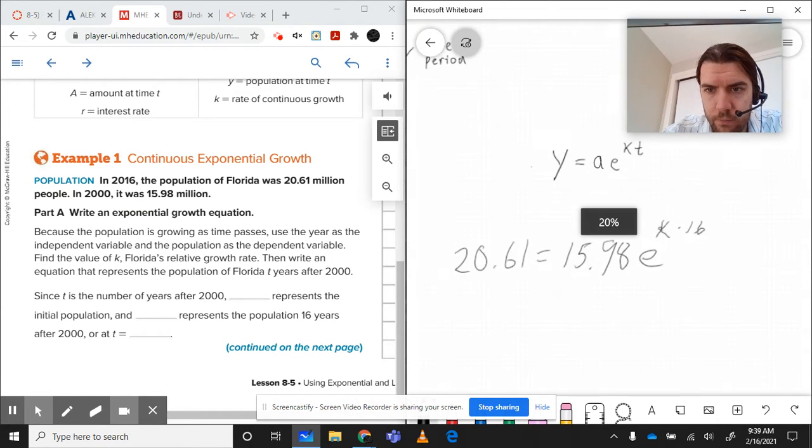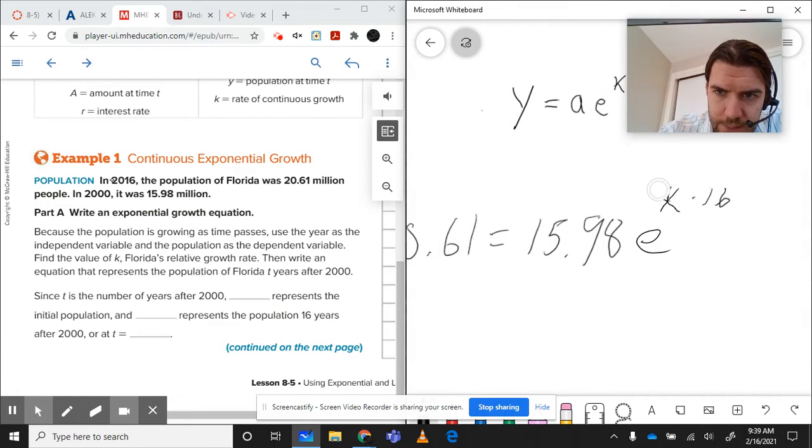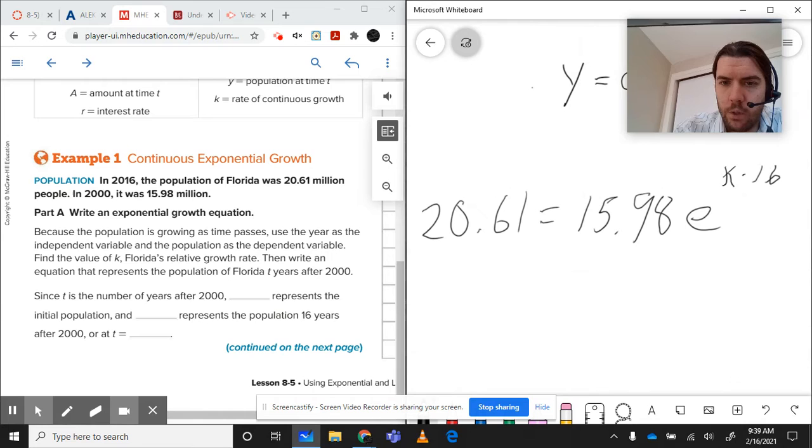So once we have this, keeping in mind that e is a constant number, right? It's that 2.7 number. So we've got everything filled out other than one unknown variable. So we should be able to solve for that unknown variable. Okay. So what I'm going to do first is I'm going to divide both sides by 15.98.